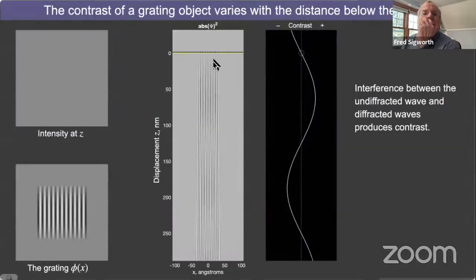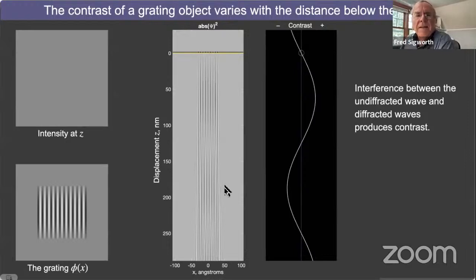You can kind of see them here. The incident waves are coming down here, and then at a very weak, very small angle, you can imagine two different diffracted waves moving like that.